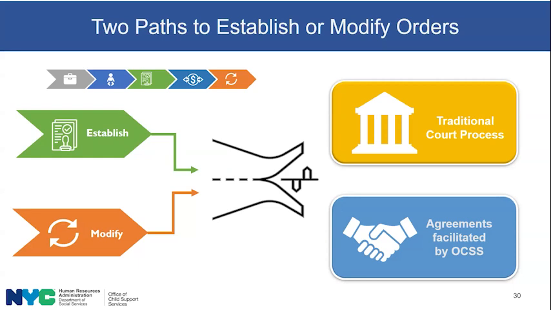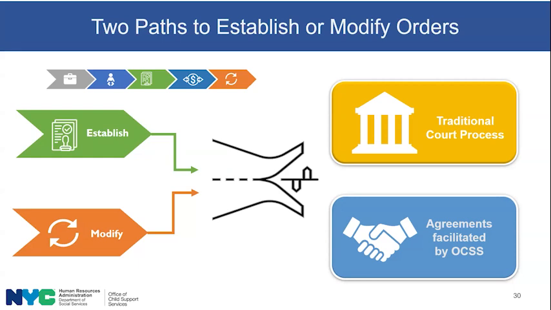But the major change from the pandemic is that we now also try to facilitate agreements through our customer service office, where the parents separately or together go over the amount of child support that will be paid, which is determined the same way it's done in court, by applying the Child Support Standards Act.